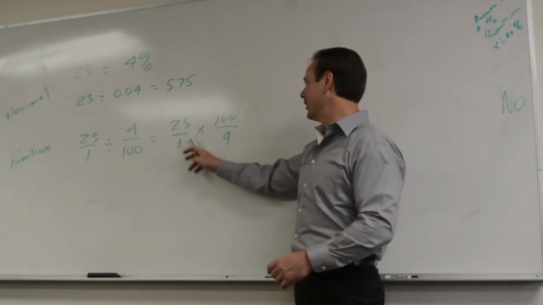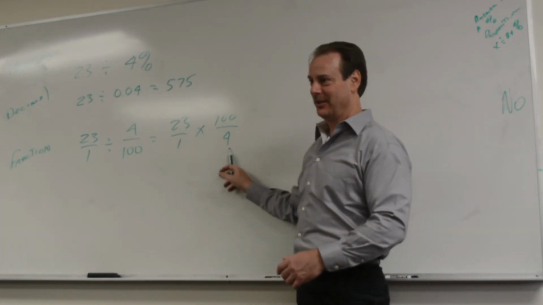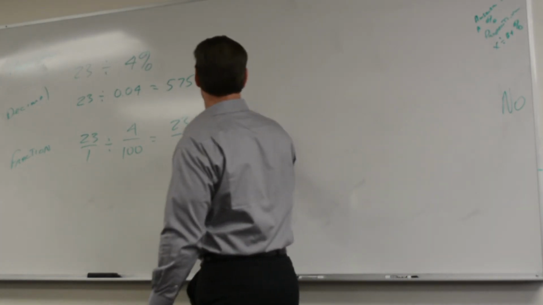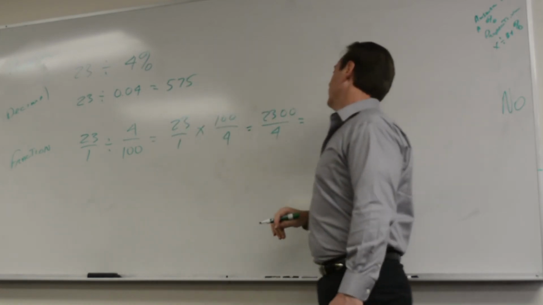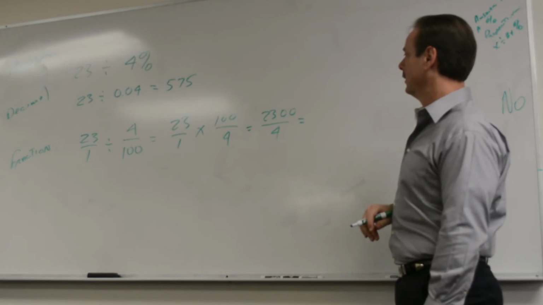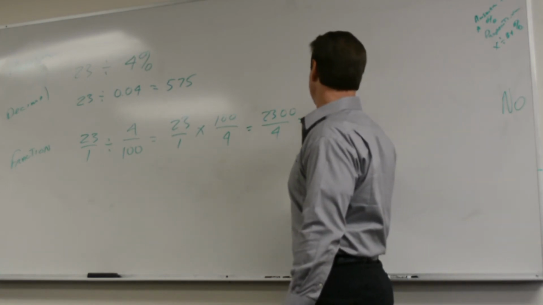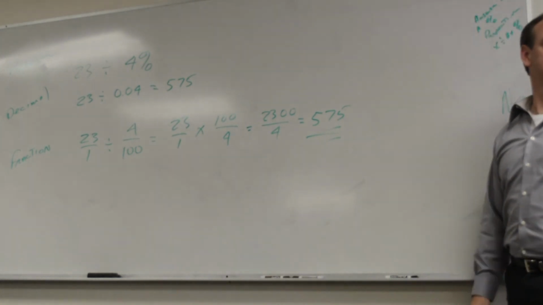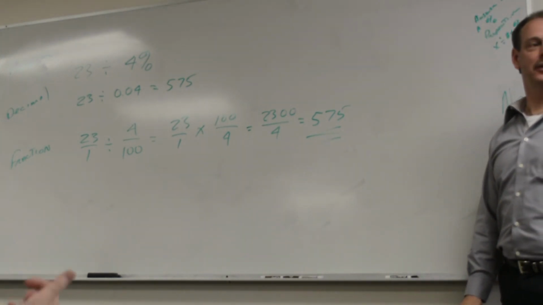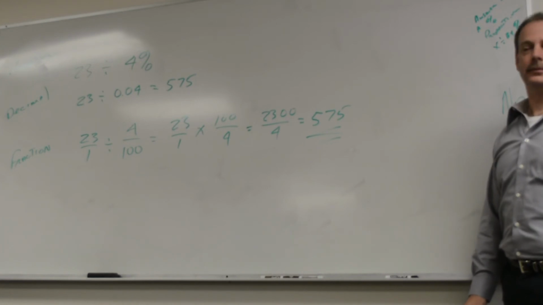All right, so it's unfortunate this isn't 24, because it would have been a little easier. So this is going to be 2,300 divided by 4? 575. You're good. Who's got it? Selena, all right.